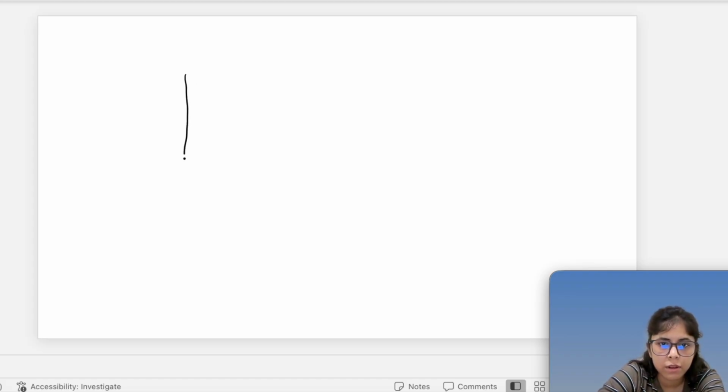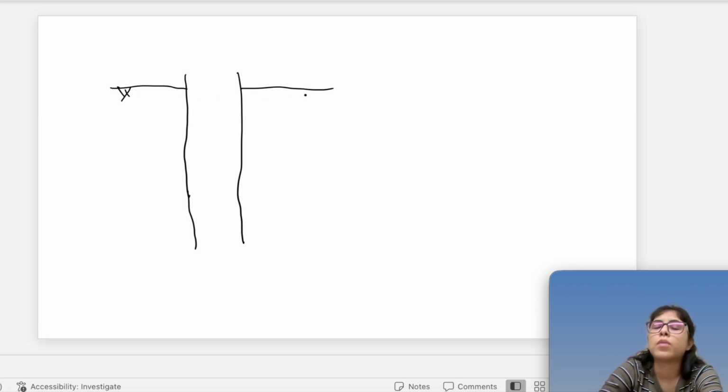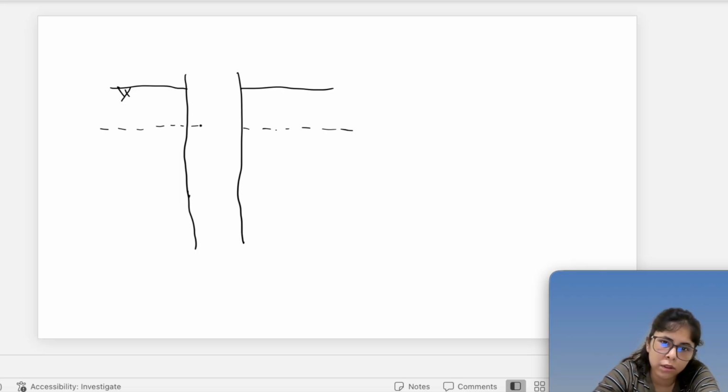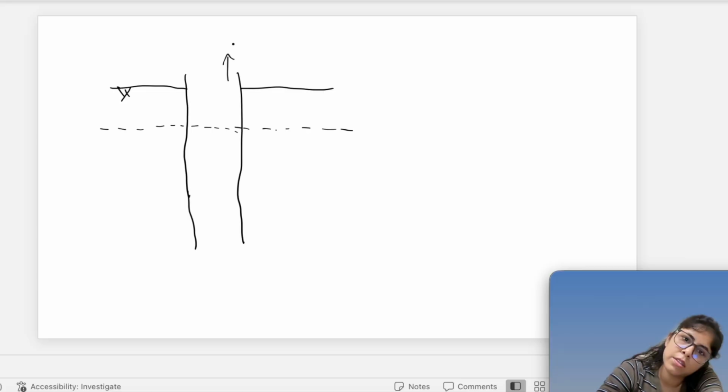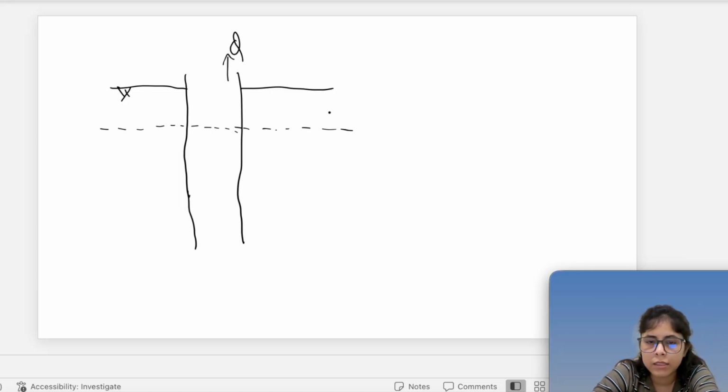We have a well, something like this, and then we have the ground level, and then we have the water table. The water table is like this, and then we are taking water out, so the discharge is going out and the water level is dropping.